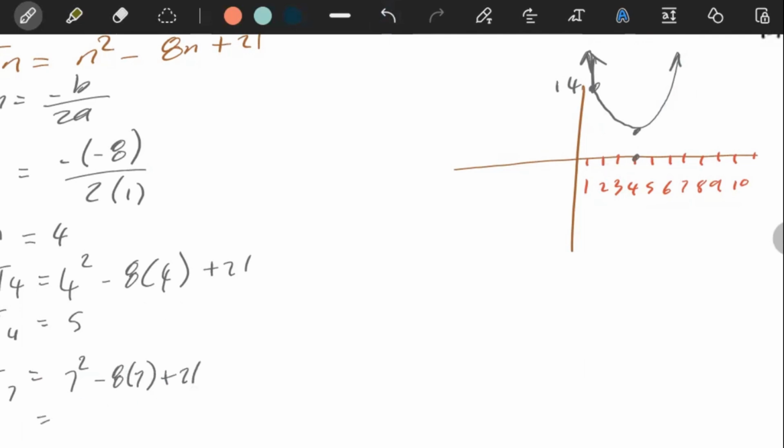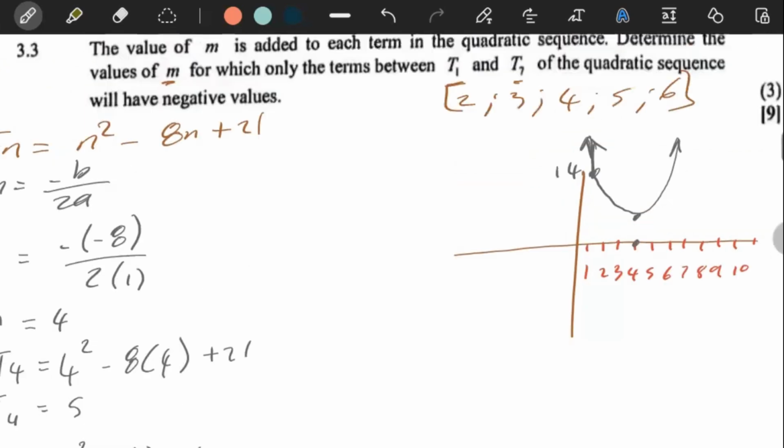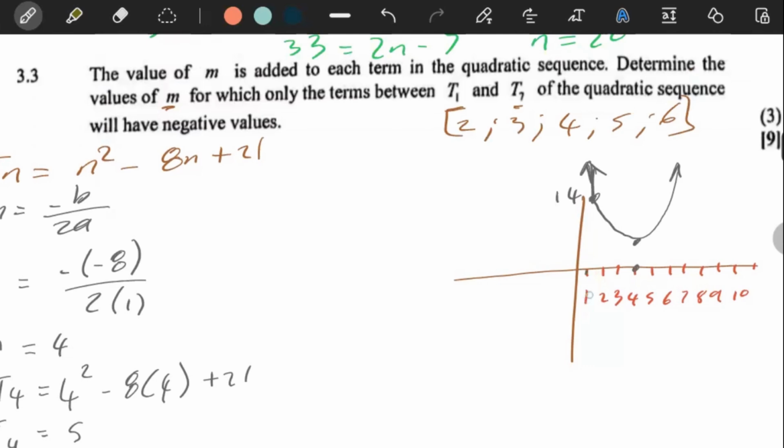All this in the calculator. 7 squared minus 8 times 7 plus 21. So it's not a coincidence that this is giving us 14 as well. Okay. So what we know is that at 1, the y value is 14, and then at 7, the y value is also 14. You see?